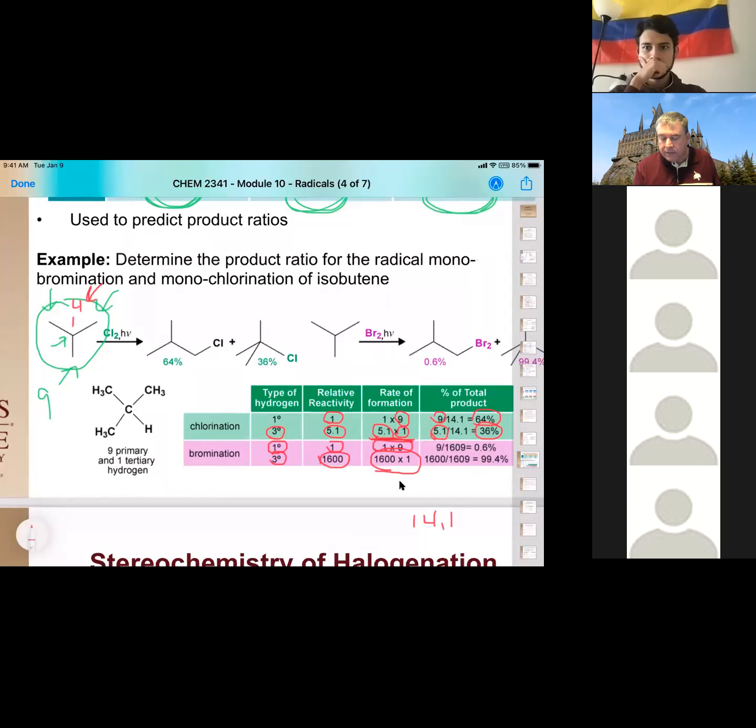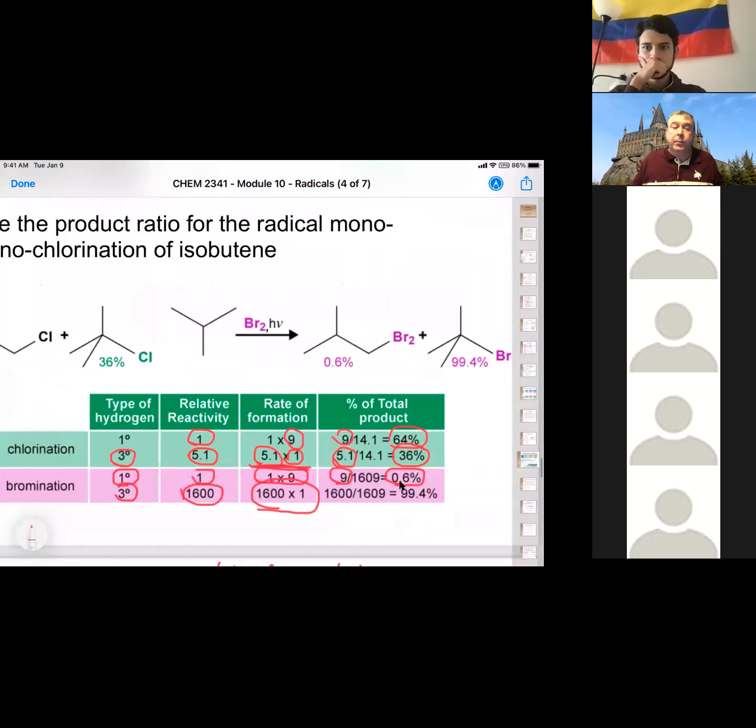And 9 of that 1609 is only 0.6%. So even though there are 9 of those hydrogens there, the reactivity ratio is making the tertiary product the primary product. In fact, you might not even be able to analyze the material and see that other product in there, but it is. Okay, so this is the value of knowing the reactivity ratio and number of available abstractable hydrogens to predict your product ratios.